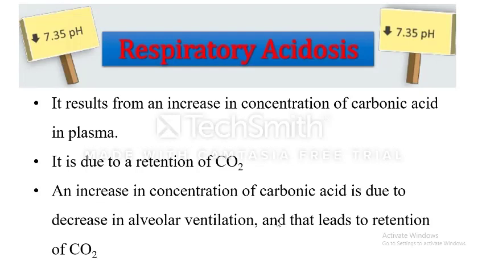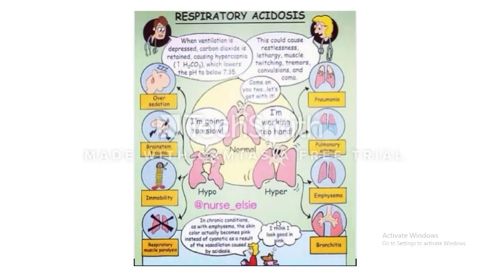Now respiratory acidosis. It results from an increase in concentration of carbonic acid in plasma. It is due to a retention of carbon dioxide. An increase in concentration of carbonic acid is due to a decrease in the alveolar ventilation, and that leads to retention of carbon dioxide. Here you see respiratory acidosis.